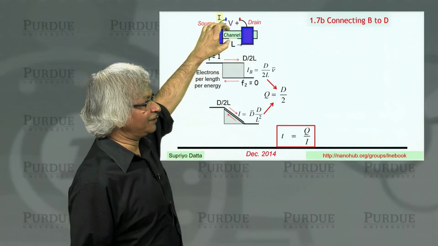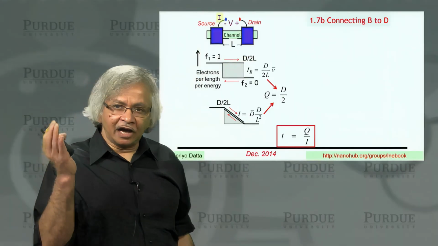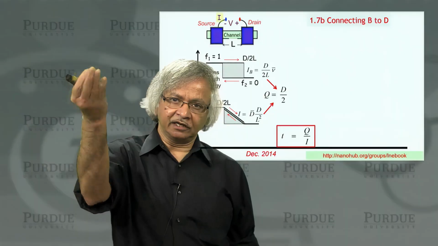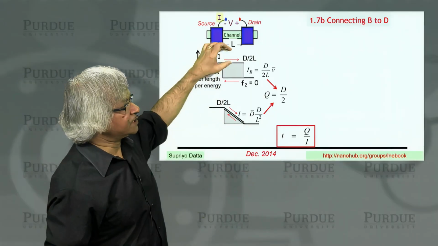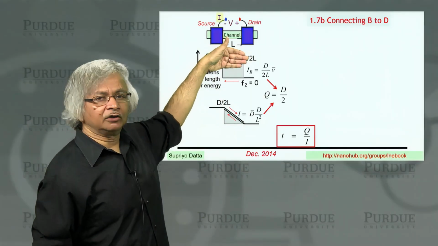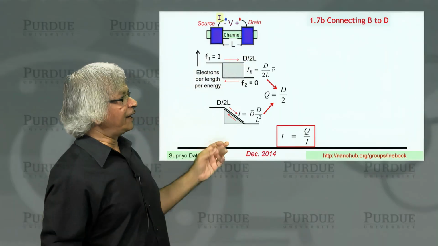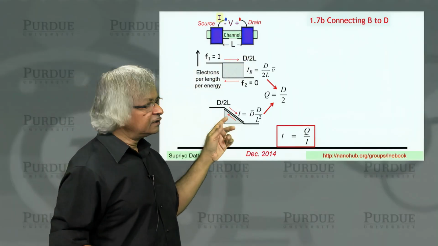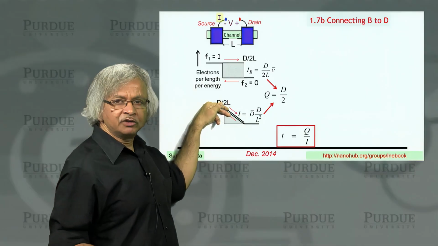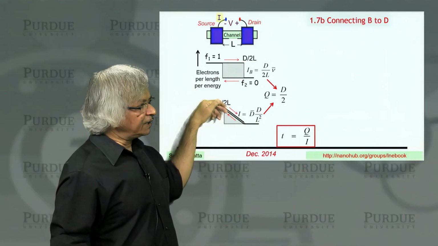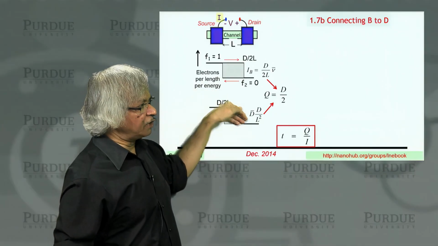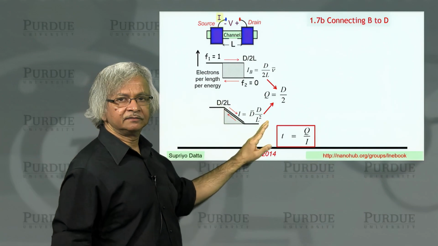You can think of this channel as having half the states northbound, the other half southbound. So in the ballistic case, all northbound states are filled, all southbound states are empty. Whereas in the diffusive case, northbound and southbound are about equally filled, but the occupation goes down as you go from this end to this end.